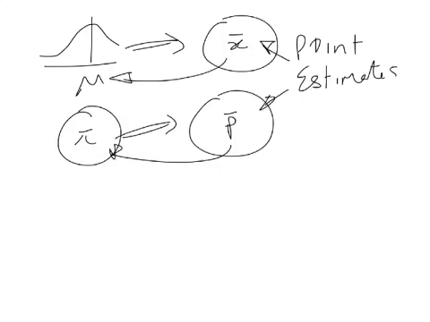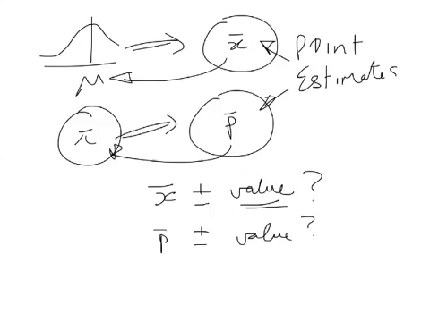An interval estimate, however, would require that we take the point estimate and we add and subtract some value to it. And the question is, what is that value? The value that we will add to it will be such that it will help us to estimate the population parameter with an interval, but we have a certain amount of confidence in it.